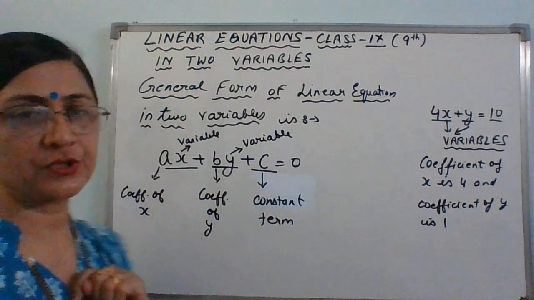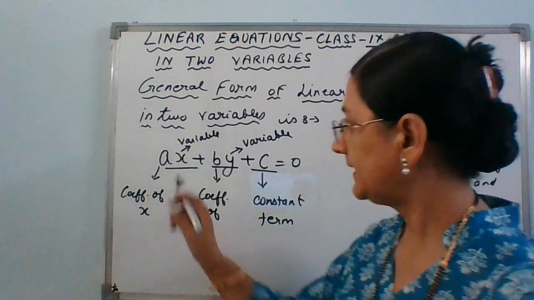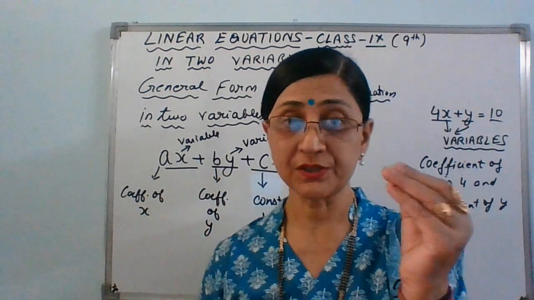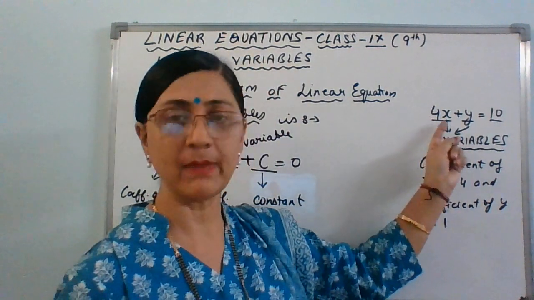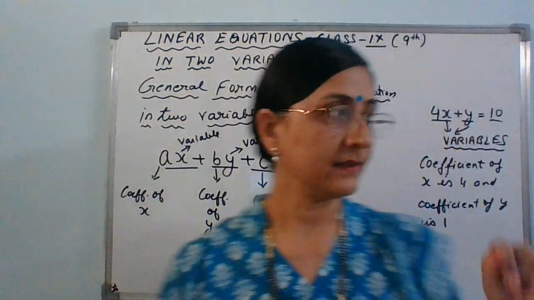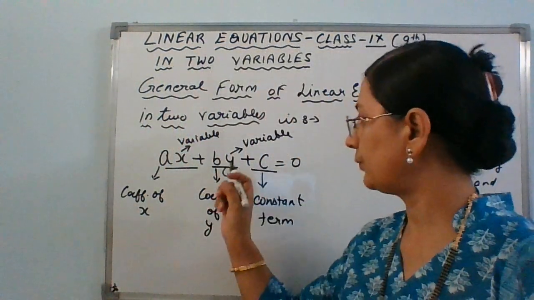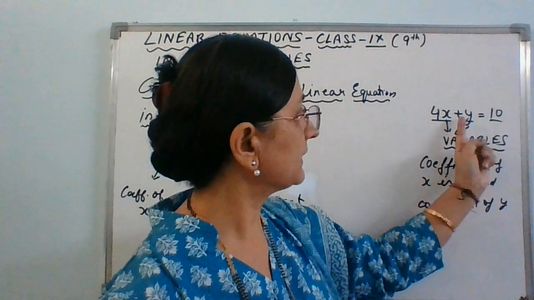A means the coefficient of x. There are two variables, x is a variable, y is a variable. A is the coefficient of x. Coefficient means the numeric value which is in multiplication with that variable. Here it's a, here it's 4. So what is the coefficient of y? That is b. B can be 1 also. Here there is 1.